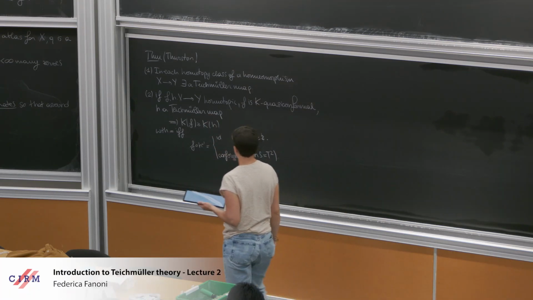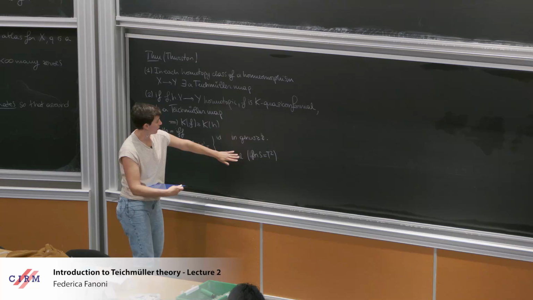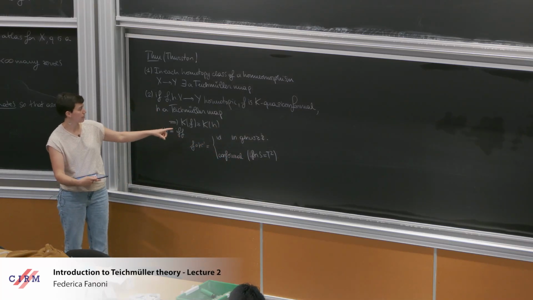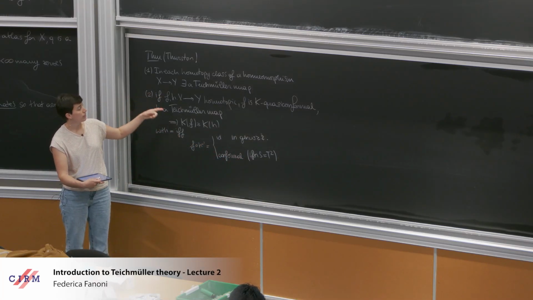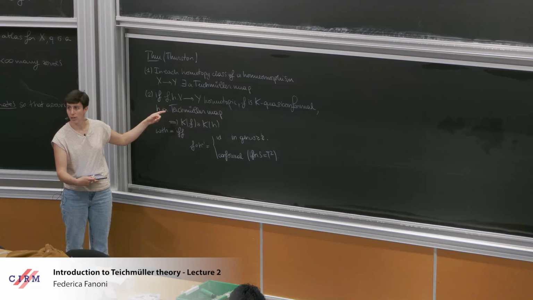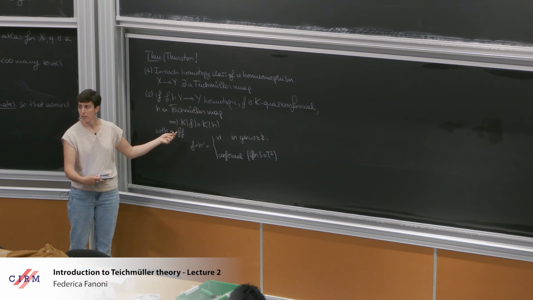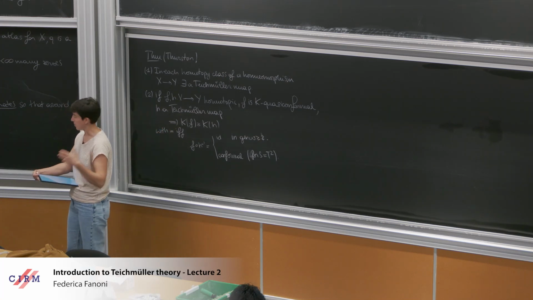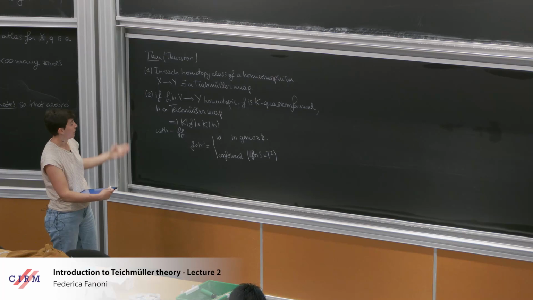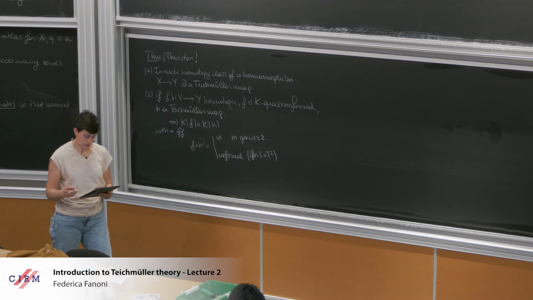Okay, but let's forget for a second about the case of the torus. It's telling us that there exists a unique minimizer of this quasi-conformal dilatation in each homotopic class, and this is exactly the Teichmüller map. So we define a Teichmüller map as a map that has good properties in that way, and it turns out to be the map that does the right thing.